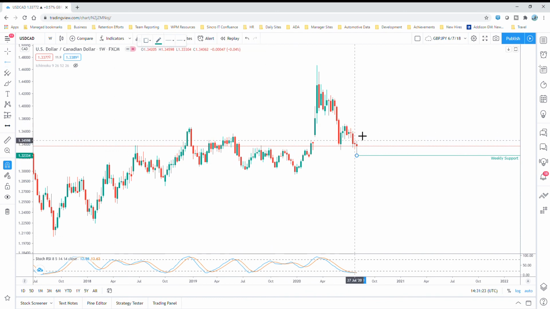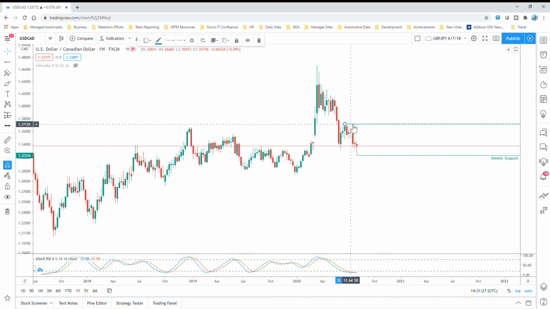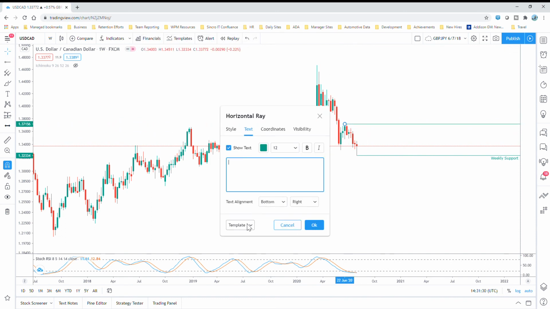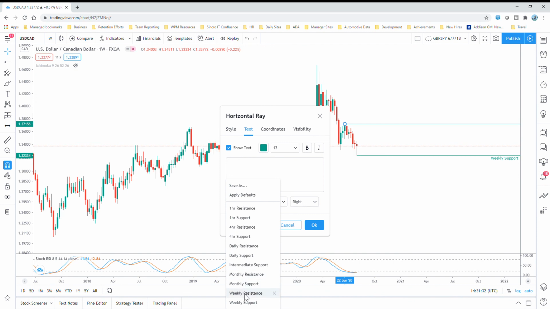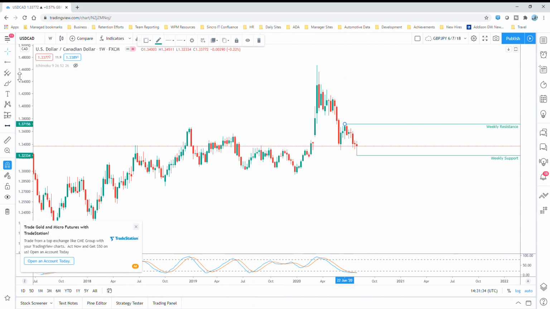And I have a couple areas here that I do want to watch. I'm going to mark this one as kind of a longer term resistance, but I'm going to mark it as weekly resistance. And then I'll come up here.